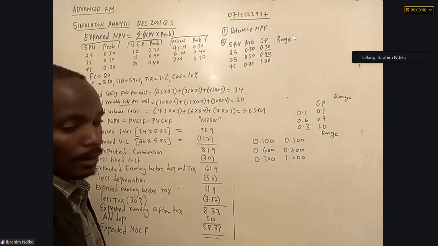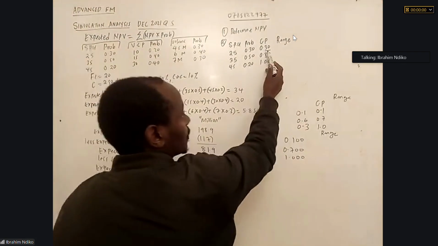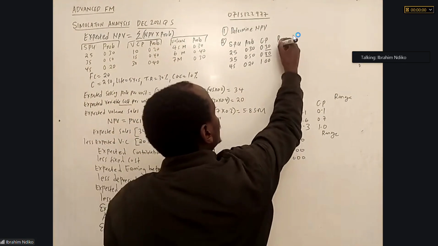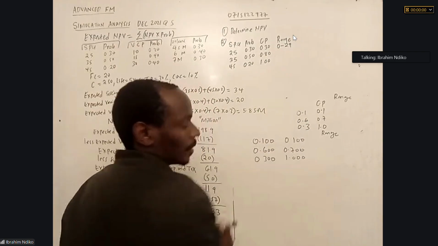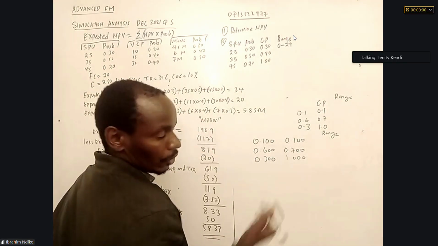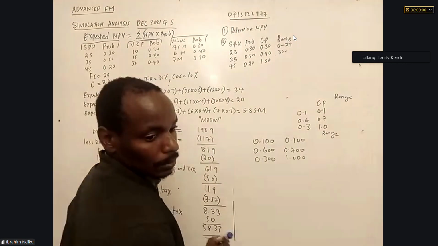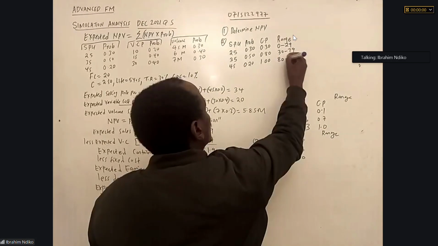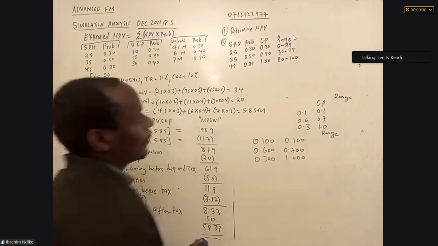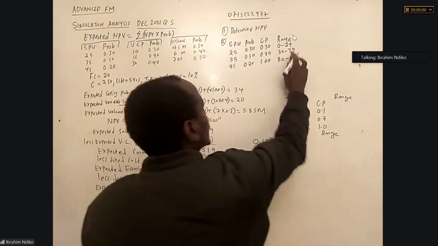So kama hii ya kwanza ni 30, range itakuwa from 0 to 29. Sasa hapa itakuwa from 30 to 79. Na hapa itakuwa from 80 to 99.